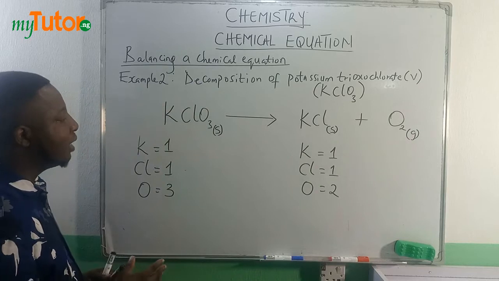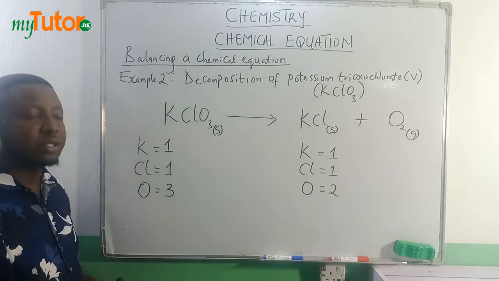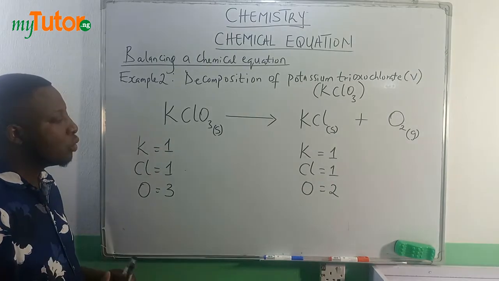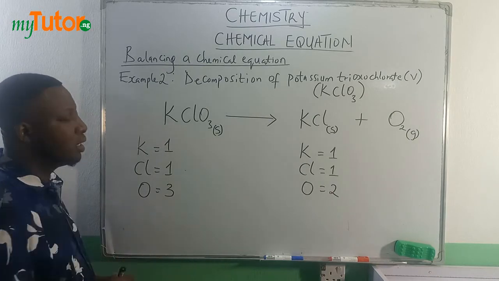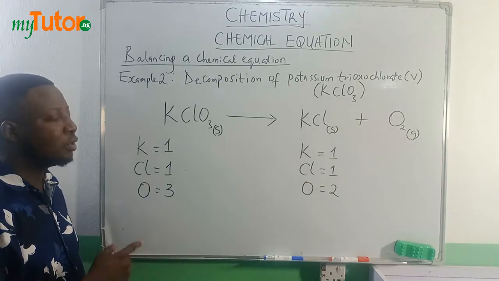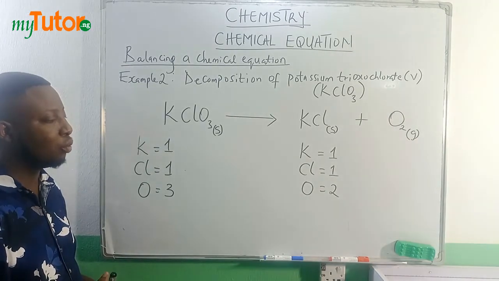So we need to balance our equation. We'll start by balancing the oxygen atom that is not equal on both sides. So we'll ask ourselves, what are we going to do to this oxygen atom to make it balanced? Or which number are we going to multiply to both sides to make the number of oxygen atoms equal?